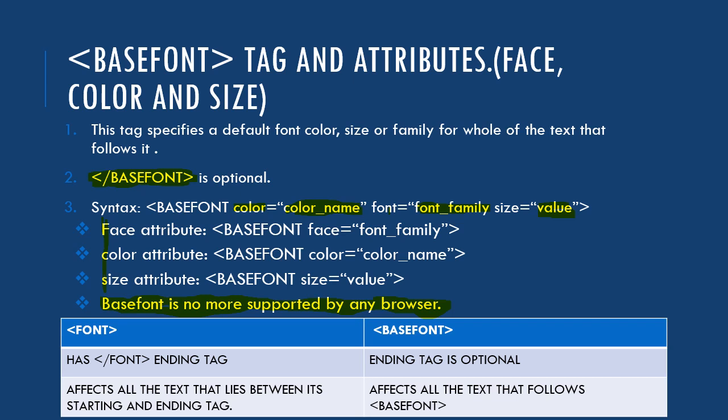The difference between font and base font is that the ending tag is there in the font, but the ending tag is optional in base font. And whatever you write between the opening tag of font and the closing tag of font will take the effect of the attribute. But here it affects all the text that follows the base font and its attribute.